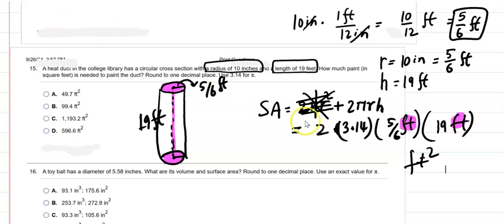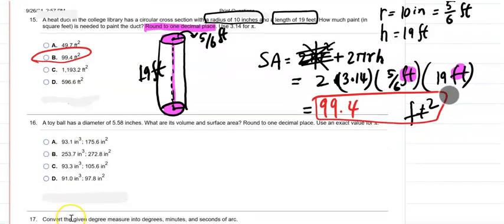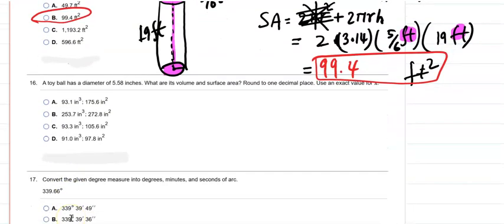Now if you multiply 2 with 3.14 times 5 over 6 times 19 altogether, and round your answer to 1 decimal place, as the instruction says, you get 99.4 feet squared, or square feet. That's B. All right, so question number 16.